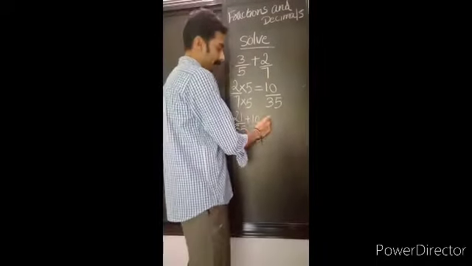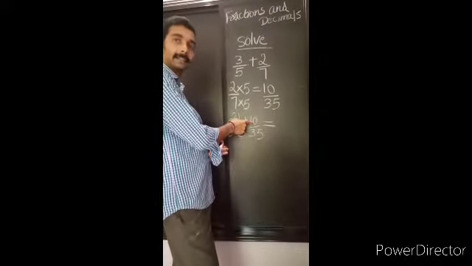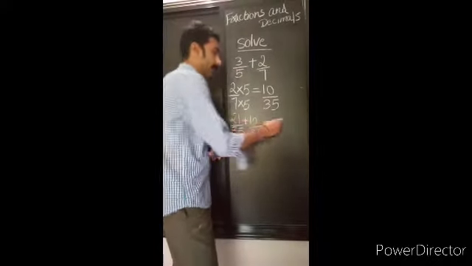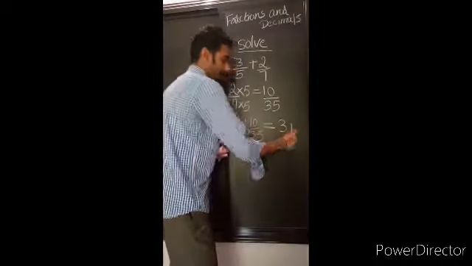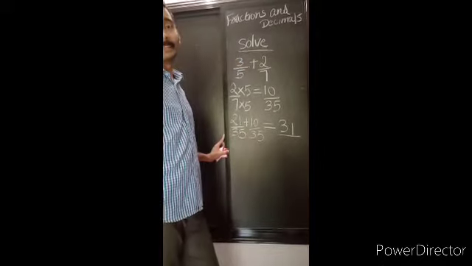That means 21 plus 10, 31. The answer is 31 by 35.